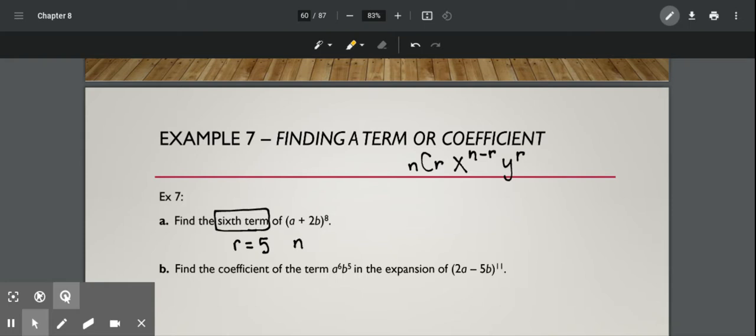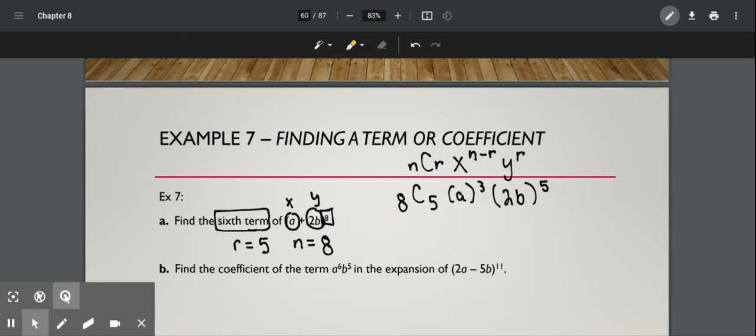And our n value is always whatever this degree is up here, so our n will be 8. So to find the sixth term, our a is our x, and our 2b is our y when we're plugging that in. So we'll say 8C5, times a to the n minus r, so 8 minus 5 is 3, and our y, which is 2b, to the r, which is 5.